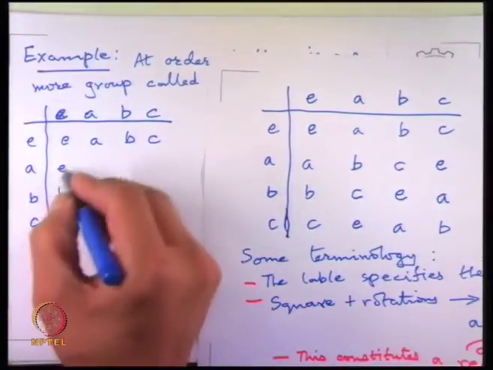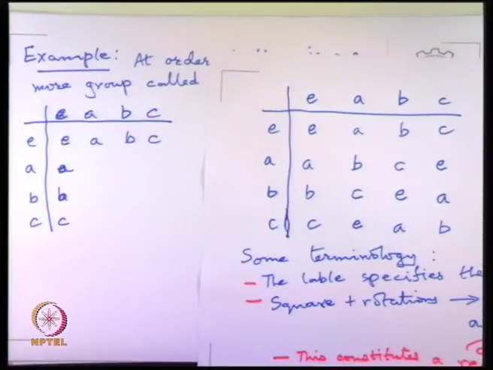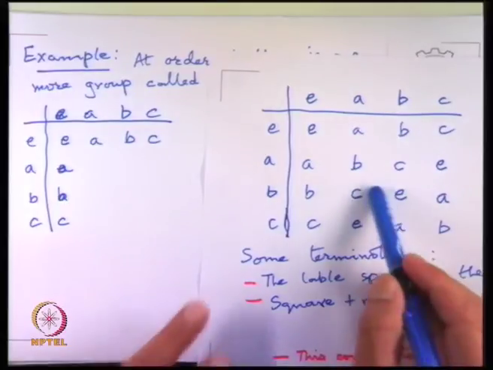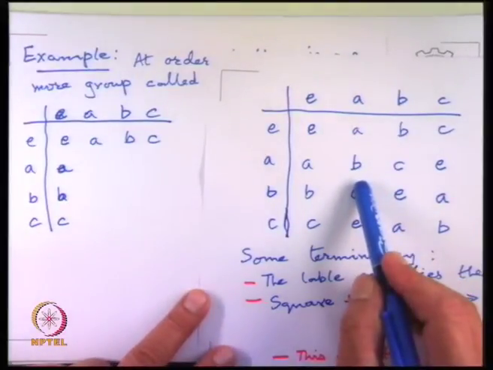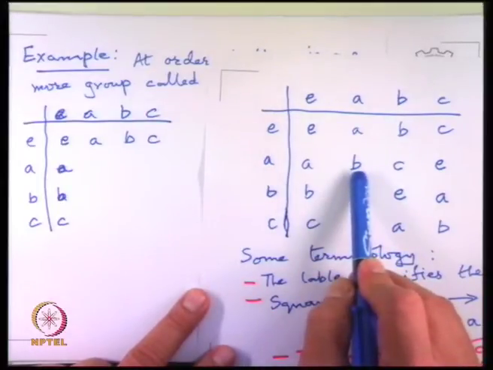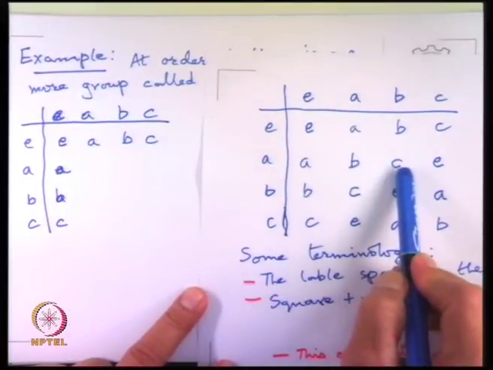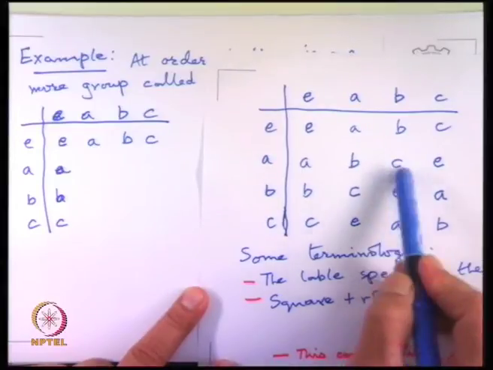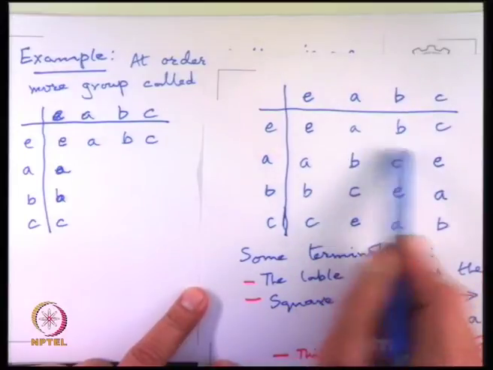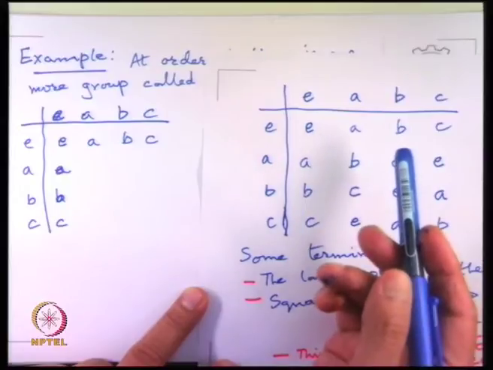So if we compare with this group, then here we put A times A equal to B. Suppose we try to put A times A equal to C, that is another possibility. But if we try to do this, what will eventually happen is that we will basically trade B and C. All that we will do is end up getting another table where we have traded B and C.